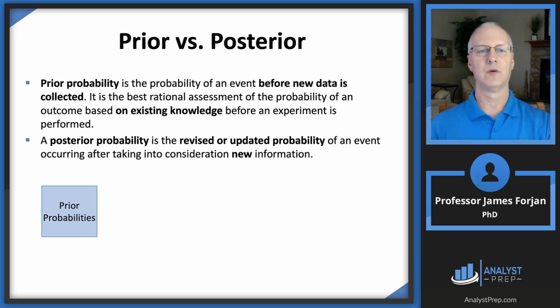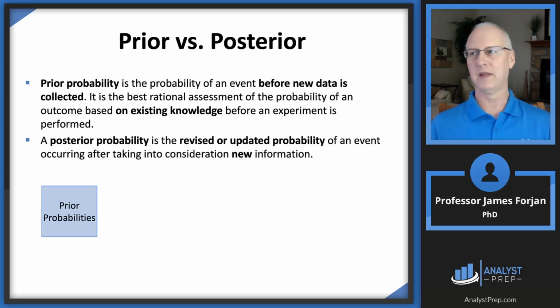Now let's make sure we understand the difference between these prior and posterior probabilities. So the prior probability is the probability of an event before new data is collected. Like let's go back to my sons losing their phone. The probability of them losing their phone is 100%, but the probability of them losing their phone on any given day is clearly not 100% because they haven't lost it 100% of the time.